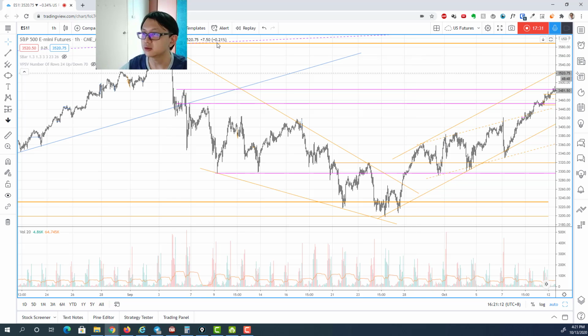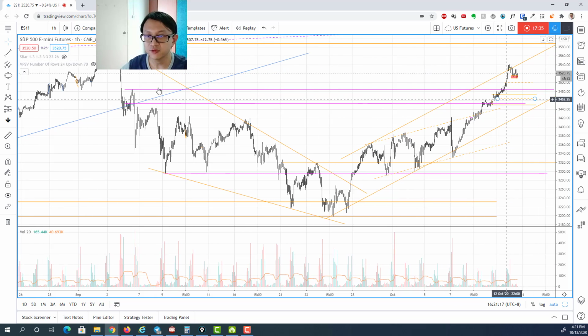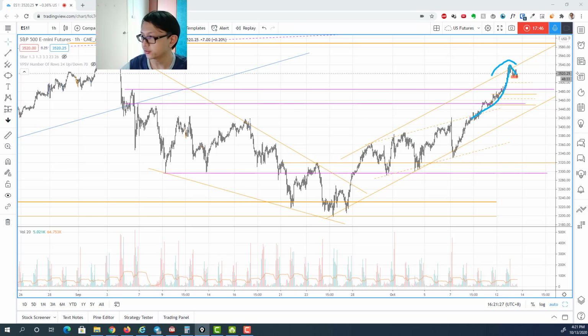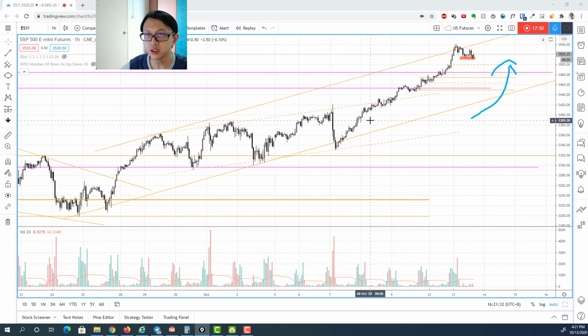So that's the all-time high level. And now after hitting the channel overbought here with the acceleration to the upside with a bit of climactic action, here comes the reaction, or we're doing a pullback at the moment.